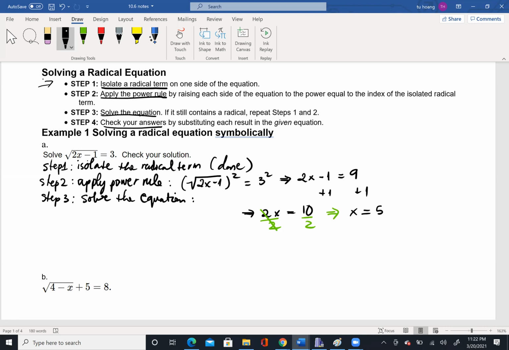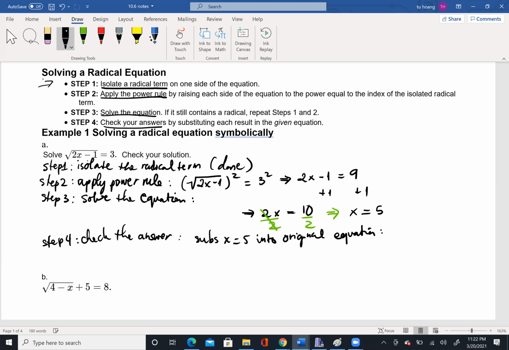So right now, when I move to step 4, is check the answer. So I'm going to substitute x equal to 5 into the original equation.